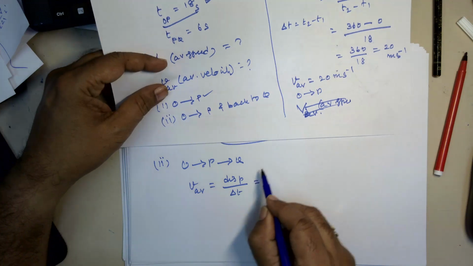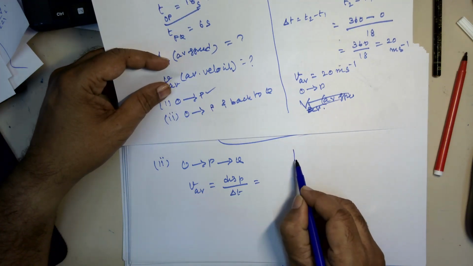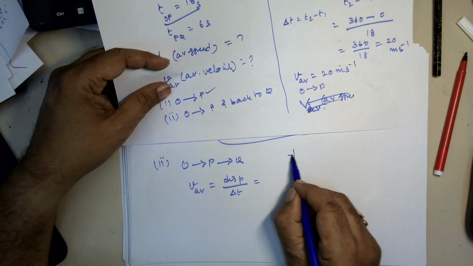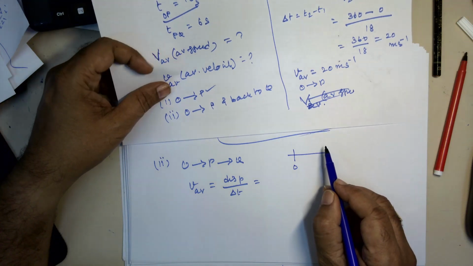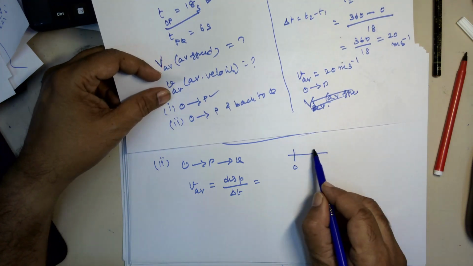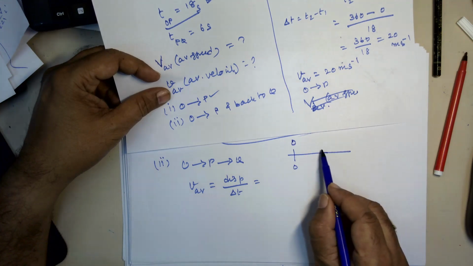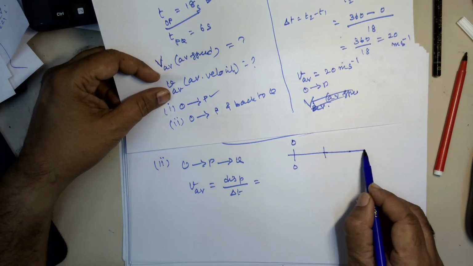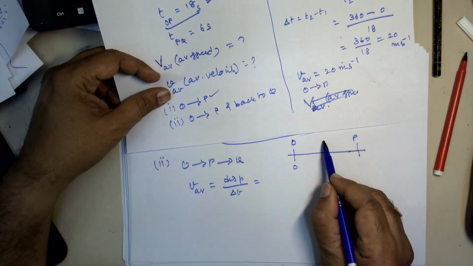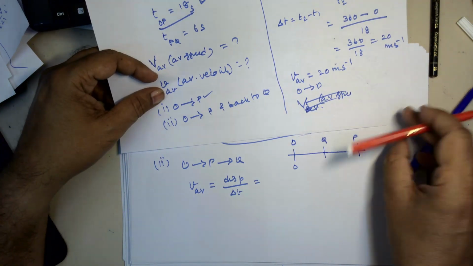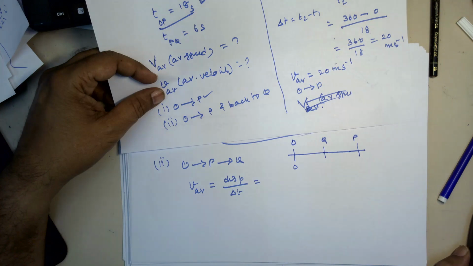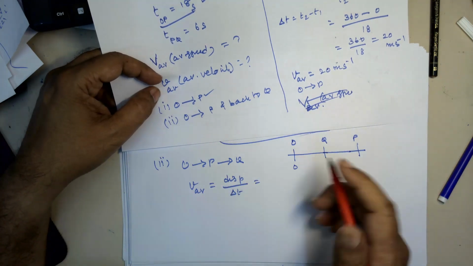Now let me draw the diagram once again. I am here. Okay. This is 0 and this is the position of O. Now the position of P is here, and the position of Q. Now let me draw this. Listen to me carefully.